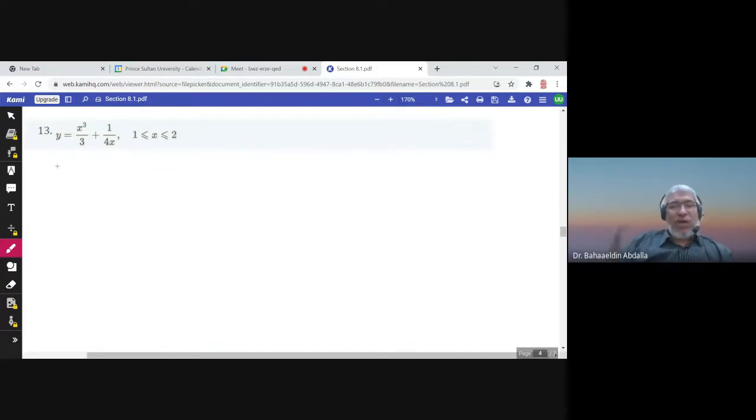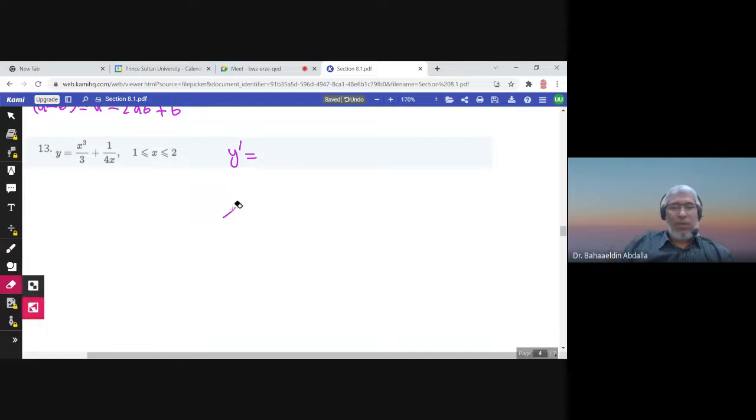Well, this is why I need y prime. So y prime would be, 3 is just a number, keep it. So the derivative of x cubed is 3x squared. 1 over 4 is just a number, keep it. Now think about x.